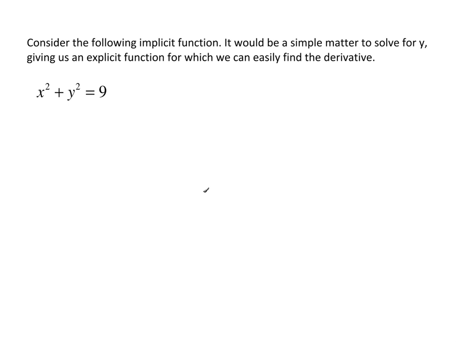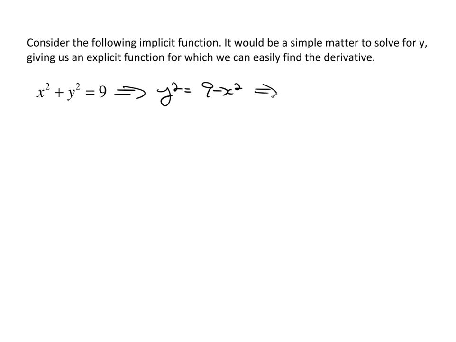So now consider the following implicit function, x squared plus y squared equals 9. It would be a simple matter to solve it for y, giving us an explicit function for which we can easily find the derivative. Well, kind of. If I solve this for y, what I get is y squared equals 9 minus x squared.